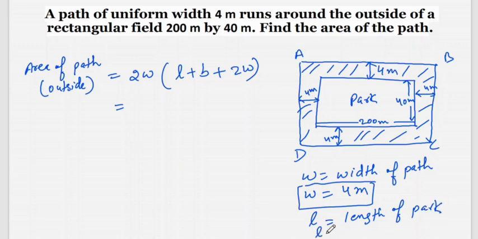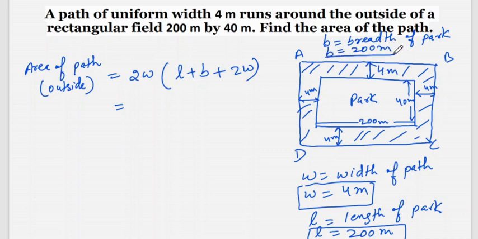L is given as 200 meter, so I will use L equal to 200. Now B is the breadth of the park. Sorry, breadth of park, and it is given as 40. Okay, now let me use all these data.